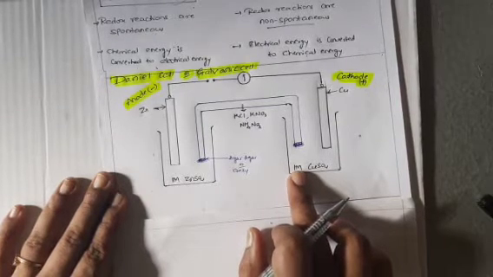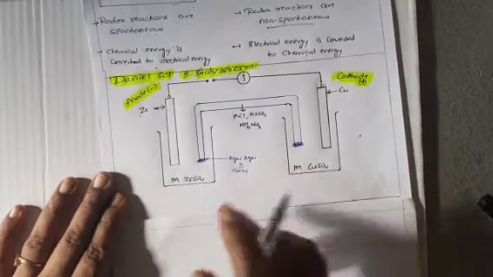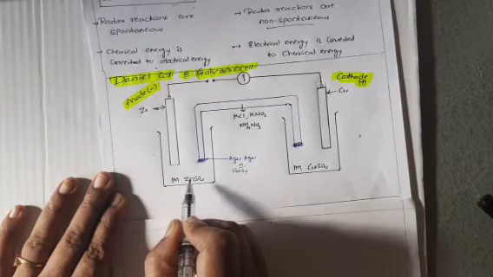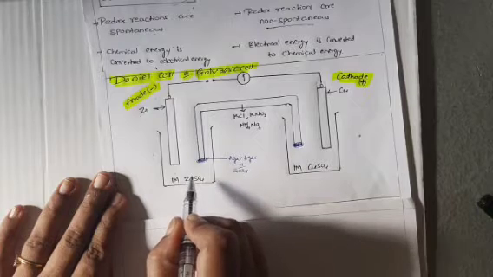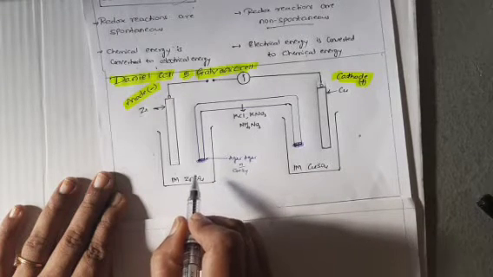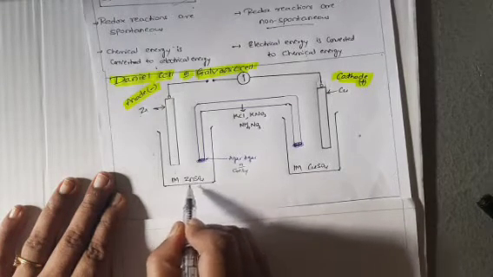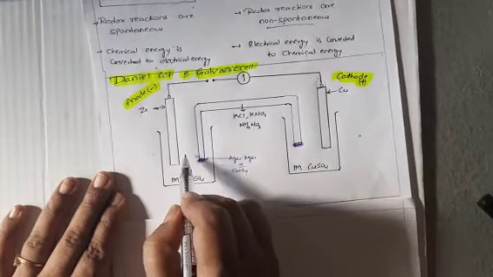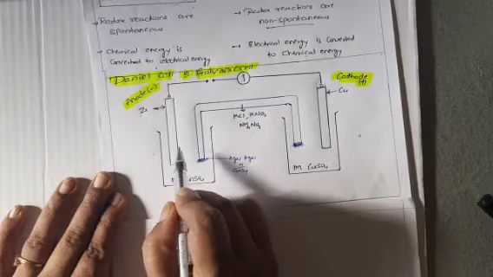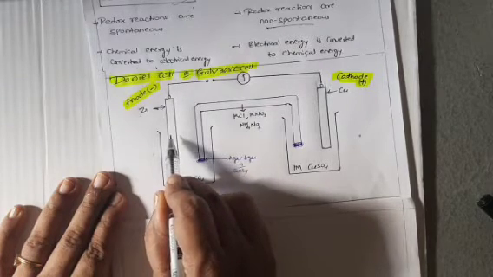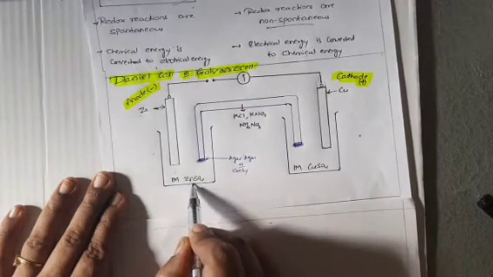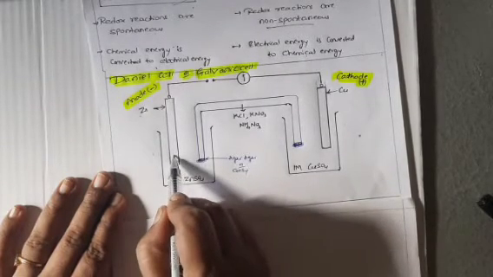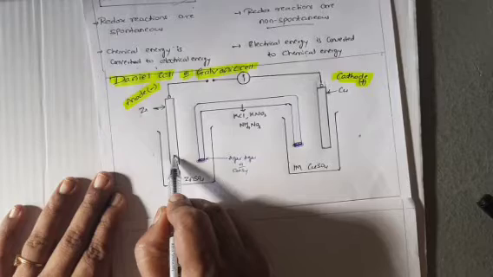Over here we are dipping electrodes. Whichever electrolyte we have taken, that electrode only we have to dip. So here we are taking ZnSO4 electrolyte, so in this beaker we have to put the zinc electrode. So we are dipping Zn electrode.